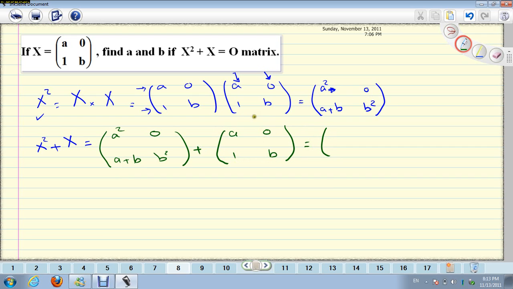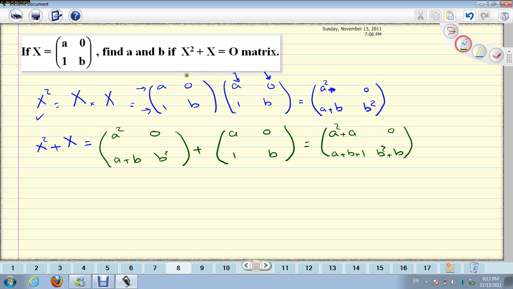For sure, this is matrix A power 2 plus A. We can't add such two terms because A power 2 is not like A. 0 plus 0, it's 0. And A plus B plus 1. And B power 2 plus B.